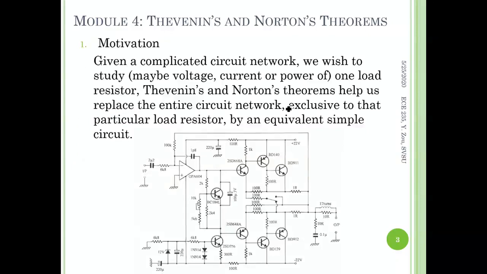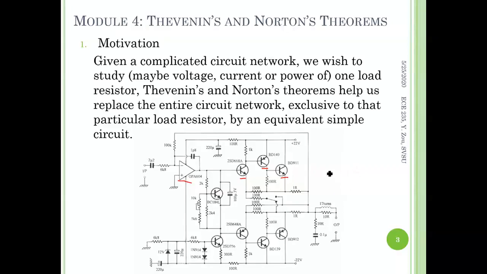First, what is the motivation for us to use them? Given a complicated circuit or network like this, you can tell it includes many transistors, op-amps, and a bunch of resistors.